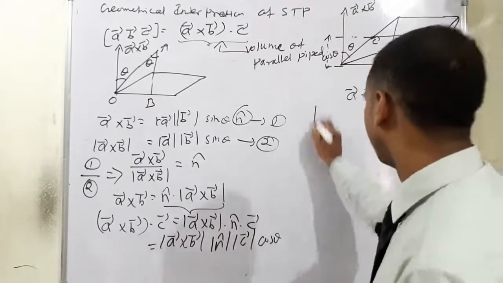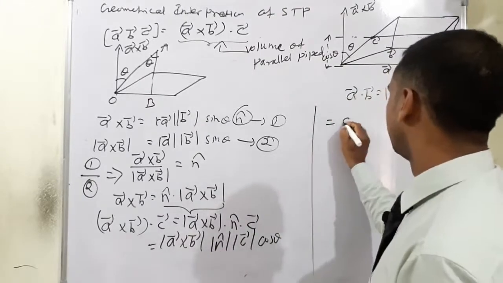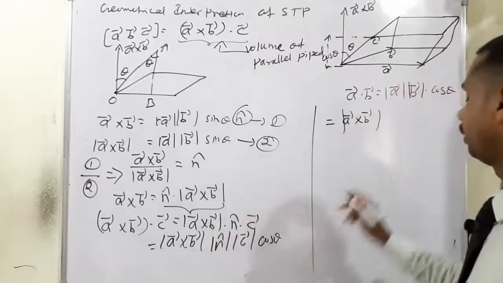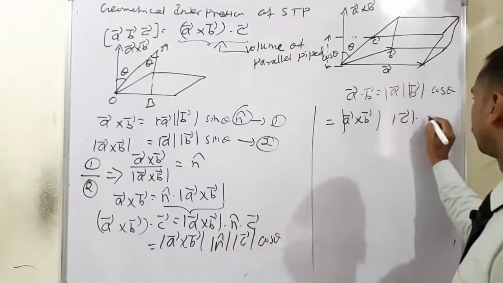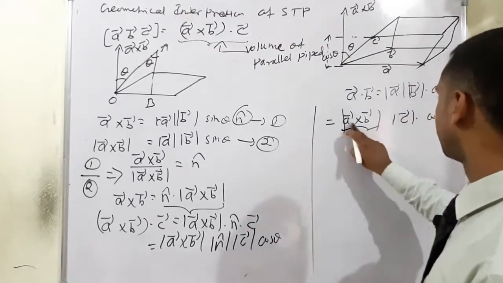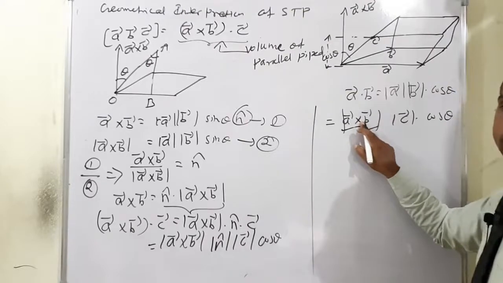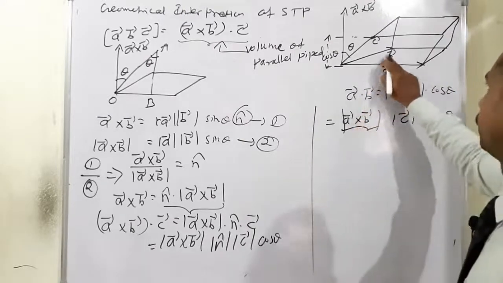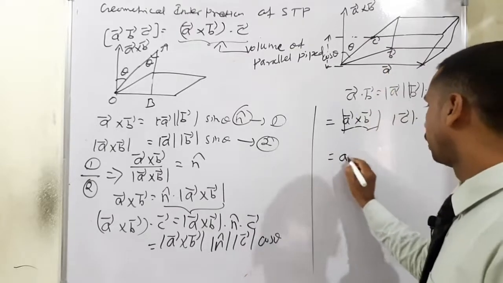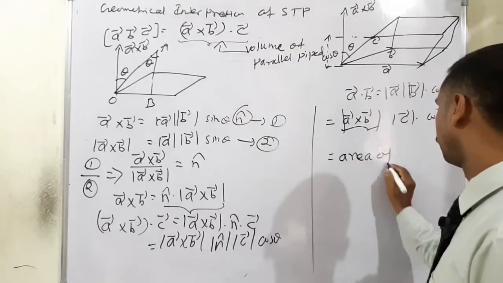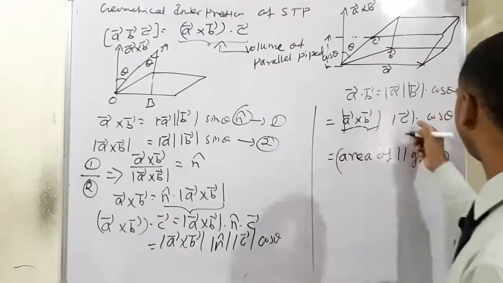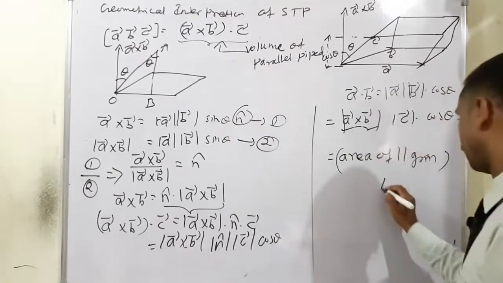So remaining is the modulus of A vector cross B vector, and modulus of C vector into cos theta. The modulus of A vector cross B vector is the area of the parallelogram, into another term, modulus of C vector.